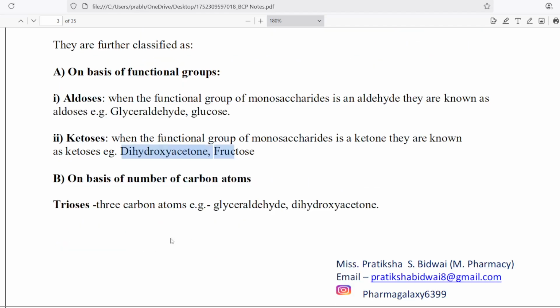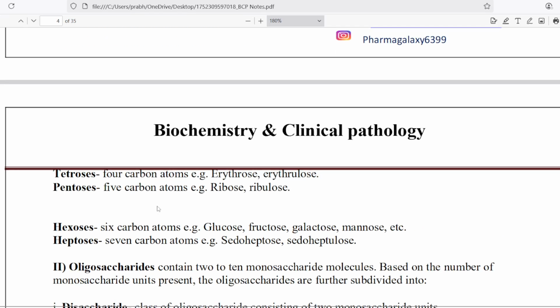Then second part on the basis of number of carbon atoms. So this is a simple part. First is trioses, 3 carbon atoms. Examples are glyceraldehyde and dihydroxyacetone. Then second is tetroses, 4 carbon atoms. Example erythrose and erythrulose. Then next is pentoses, 5 carbon atoms.